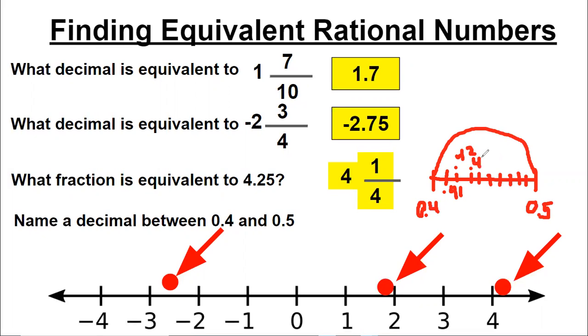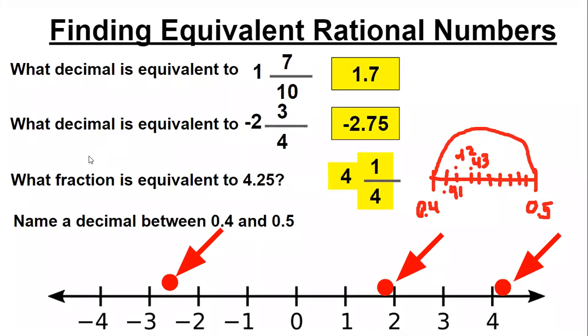And I can't fit all of this on this little computer area here. 0.44, 0.45, 0.46, 0.47, 0.48, 0.49, 0.5. So that's what should pop up, one of those numbers, and 0.45 is exactly in between 0.4 and 0.5. But you could technically have picked any one of those numbers.